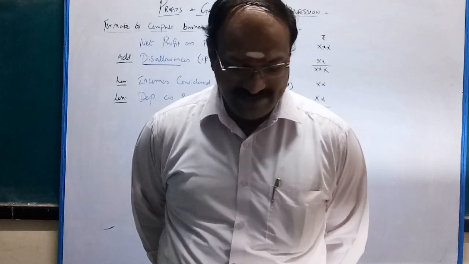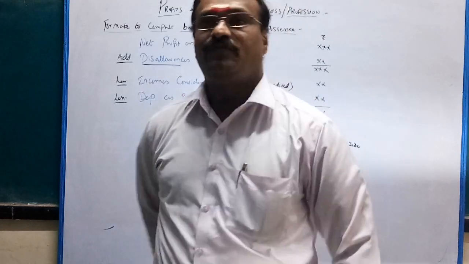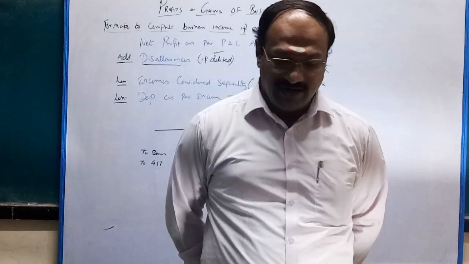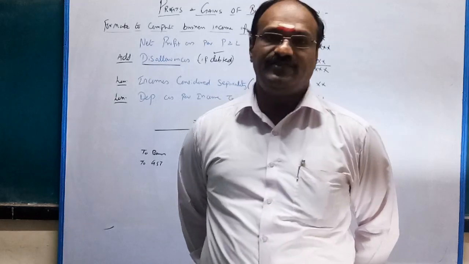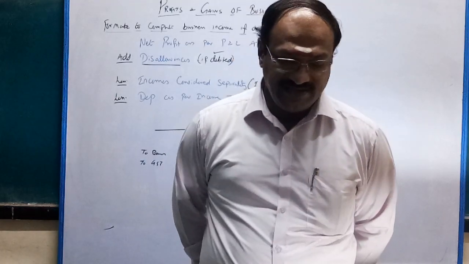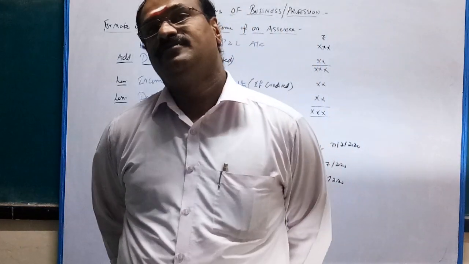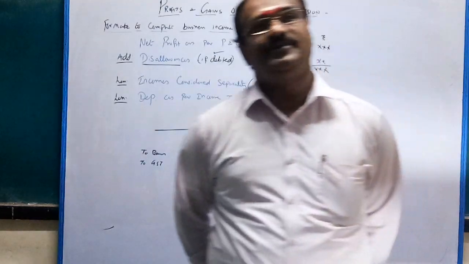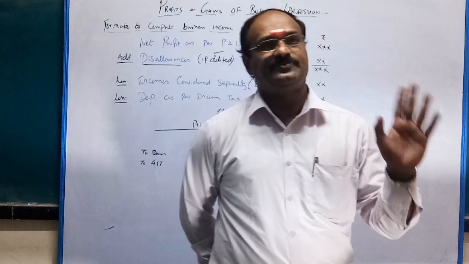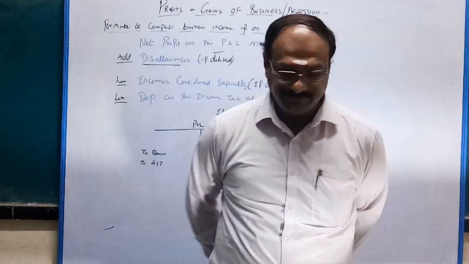It should have been spent wholly and exclusively for the purpose of business or profession. Then it should not be incurred for any purpose which is an offense or prohibited by any law. Then it is not an expenditure incurred by the assessee on CSR activities, corporate social responsibility. So if you satisfy all the conditions, then that particular expenditure you can claim as deduction under section 37.